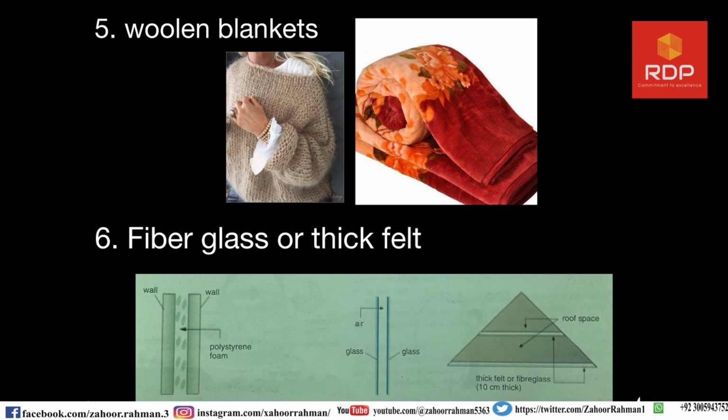They are used so that coldness cannot escape out from that particular material. Double glazing is also commonly used as air is a very poor conductor of heat. These are some examples.